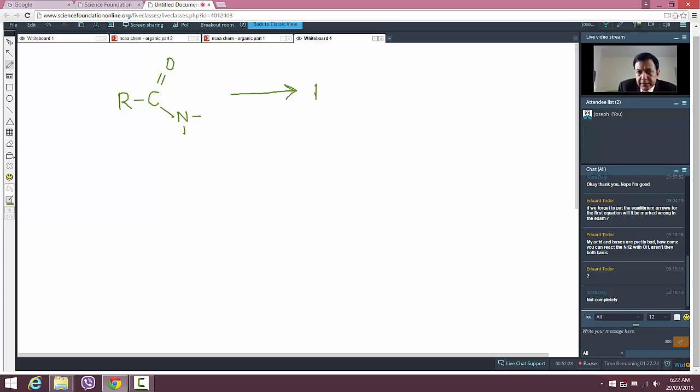And this is what you'll initially get. Think of it this way. This is an easy way to think about what's going on. Don't write it as two steps like that, but I'm just telling you how to think about it. And you will put on one hydrogen there. Then what happens after that is different whether it's under acid or base conditions.